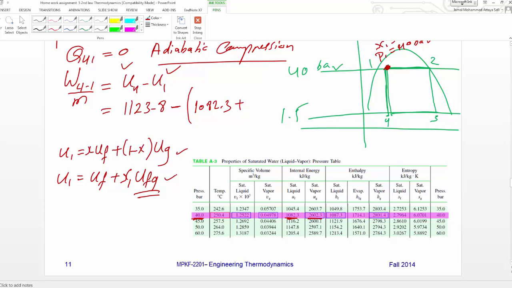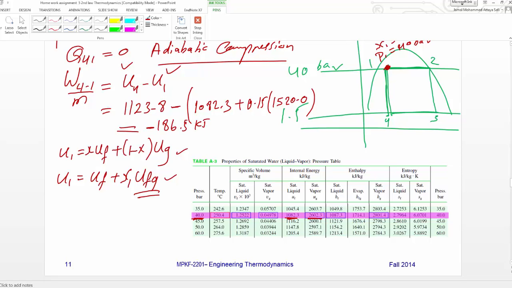And that's going to give you, so X1 is 0.15 multiplied by UFG, which is 1520.0.